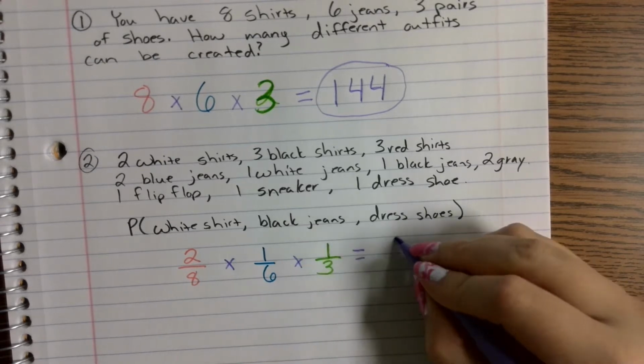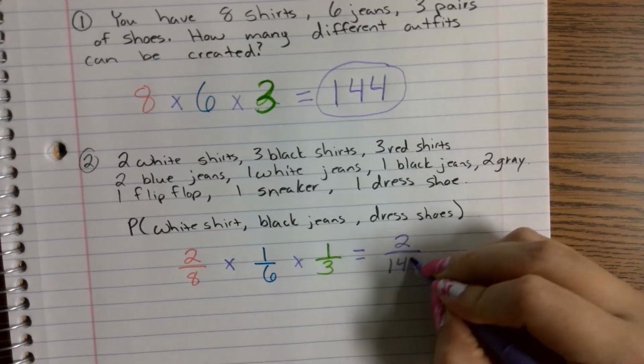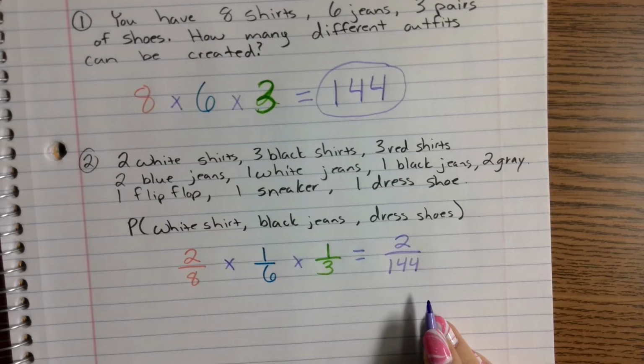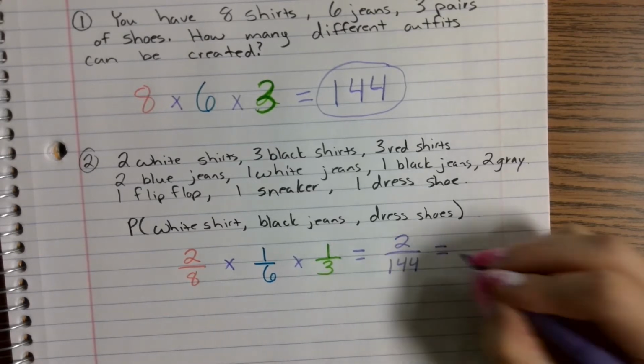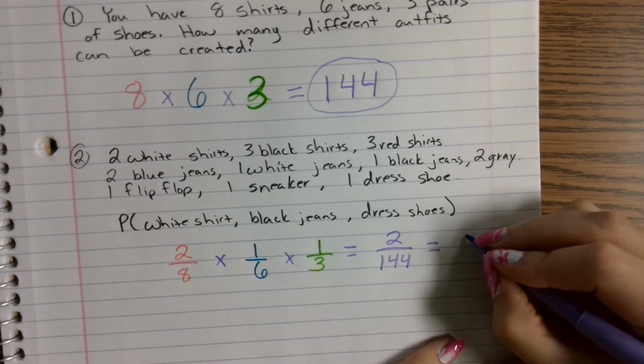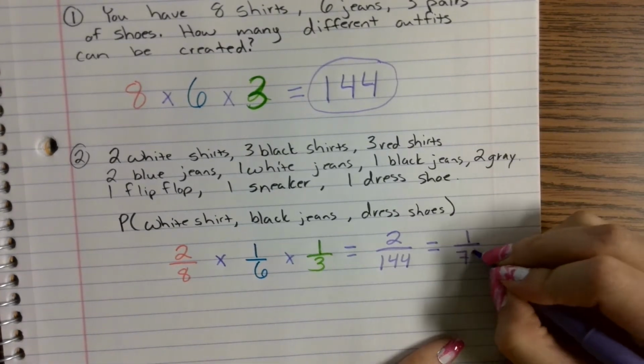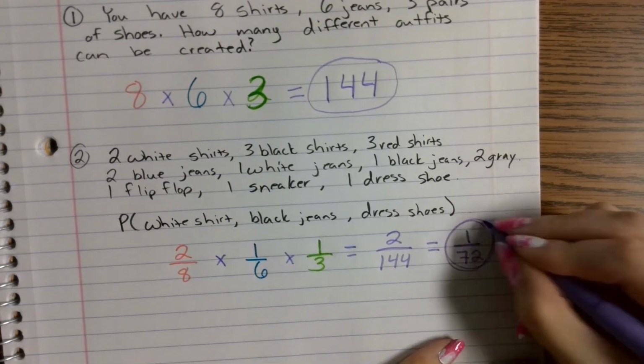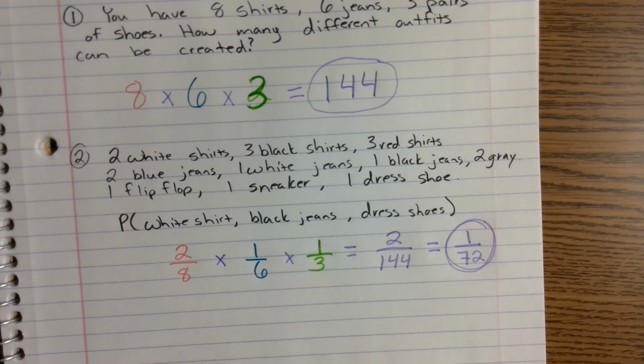So this comes out to 2 over 144, but then we'd have to simplify it. Once we simplify it, it becomes 1 out of 72. So you don't have to build a tree diagram to do the probability if you know the details.